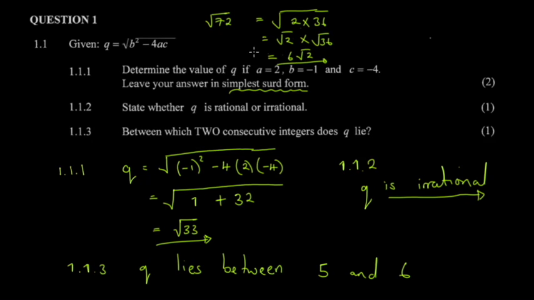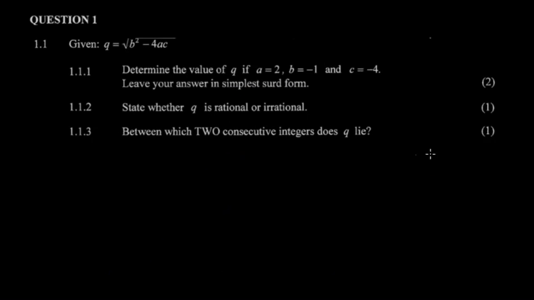This would be the simplest surd form for square root of 72. But it was unnecessary, redundant for our case, because we had square root of 33. I'll also make another video to tell you why we cannot break down 33 in the form that we talked about. But for now, let's move over to the next question.